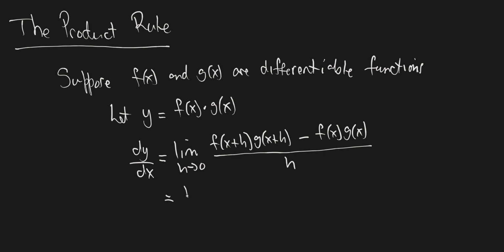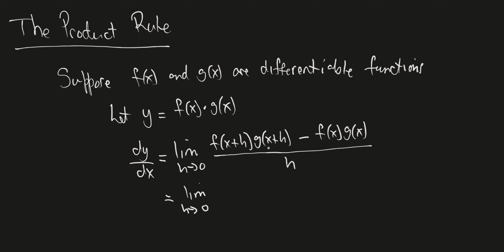So the trick here is to add and subtract a special term in the numerator. Actually, the way I'm going to do it, I'm going to subtract a term and then add it back in to balance it out, because I don't want to change the difference quotient. I just want to write it in a form that leads me to a next important step. So what is this term?